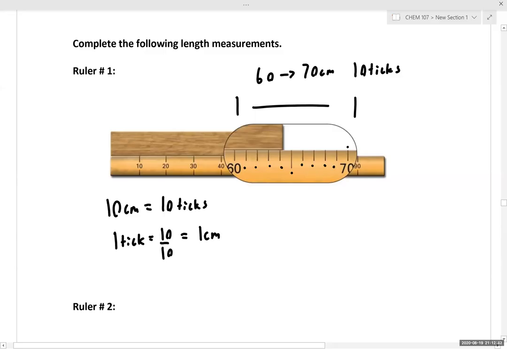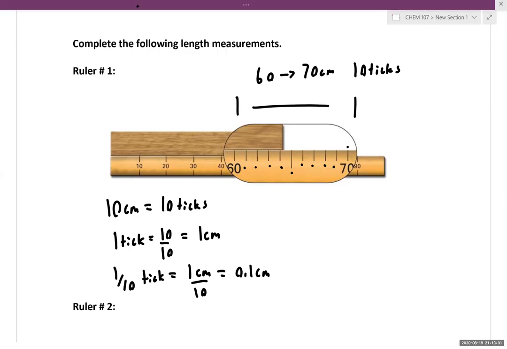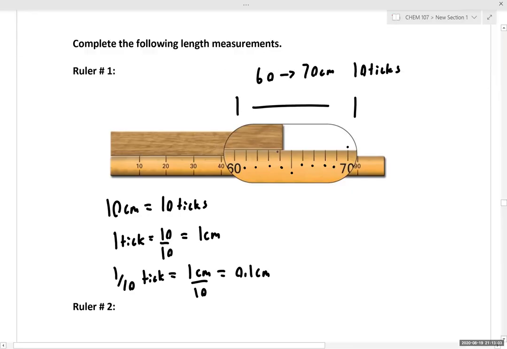Now, to figure out where we can report our estimated digit, we know 1/10 of a tick is equal to 1 tick, which is 1 centimeter, over 10, which gives us 0.1 centimeters. Now that we have these parameters outlined, we report our certain digits.